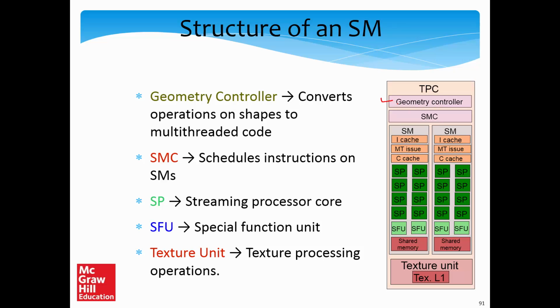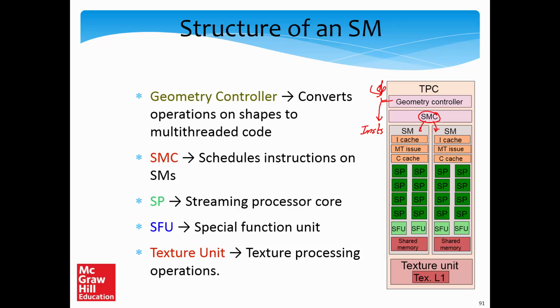So essentially based on the operation, a set of instructions are created, and these are conveyed to the processing units. It is first conveyed to the SMC. The SMC is an SM controller. So it schedules instructions on the SMs, right? There are 2 SMs in every TPC.